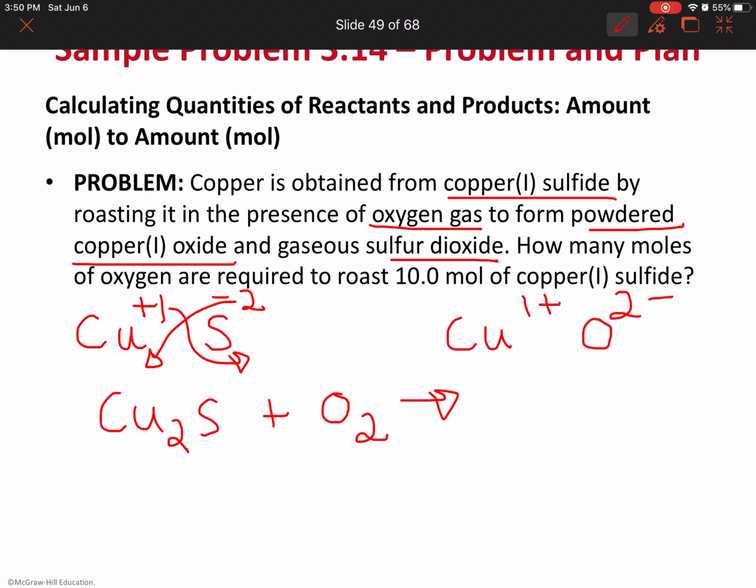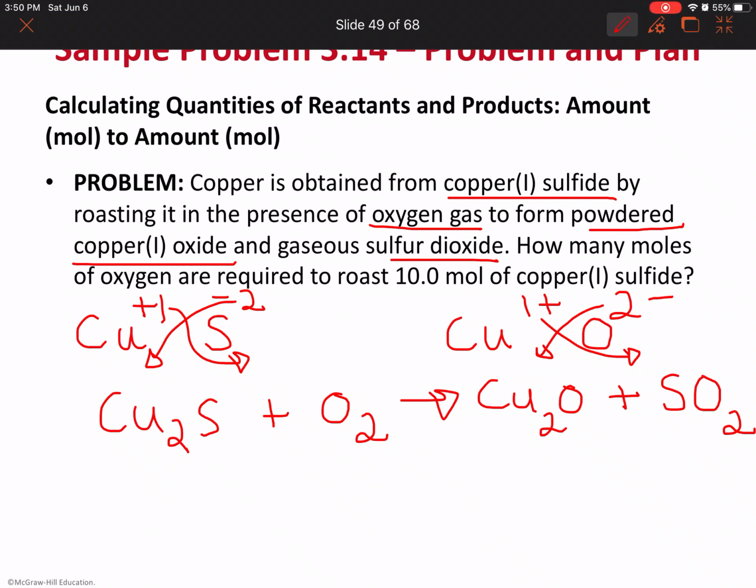So copper 1 oxide then would be, you crisscross the values, Cu2O, plus gaseous sulfur dioxide. Now sulfur dioxide, how do you write sulfur dioxide? That is going to be SO2, which is a covalent compound. Copper 1 sulfide and copper 1 oxide are ionic, so we don't have to use any prefixes.